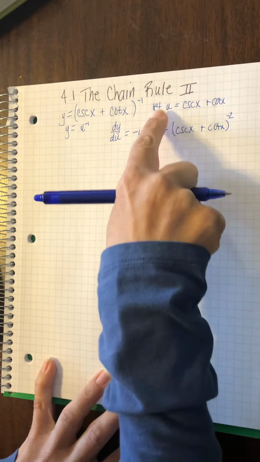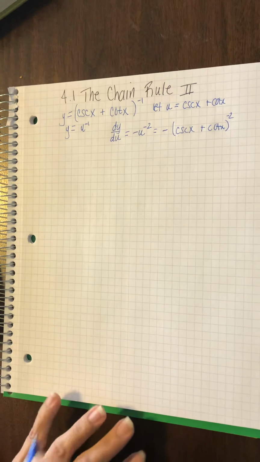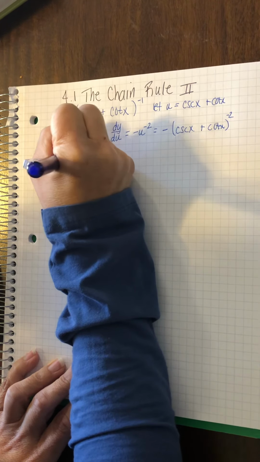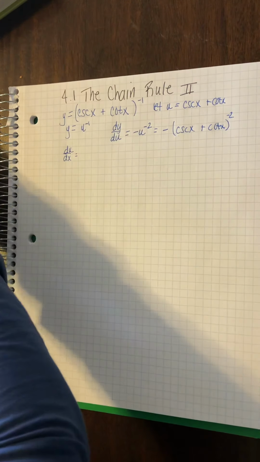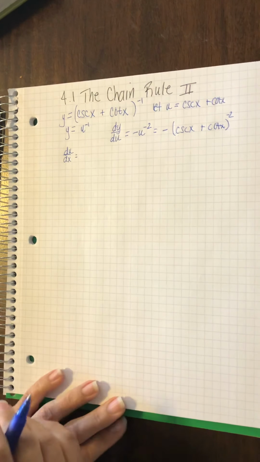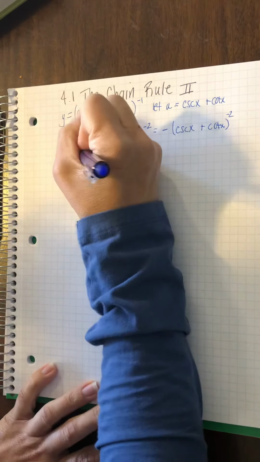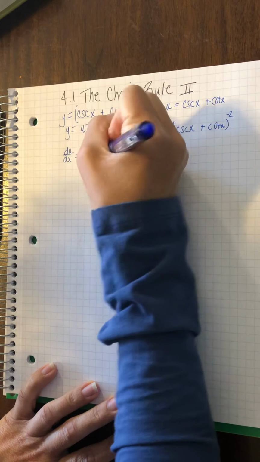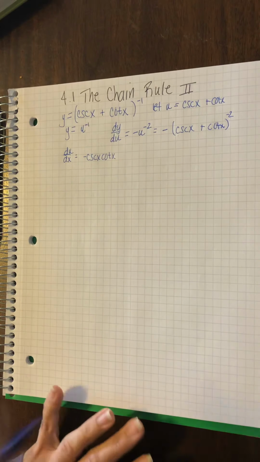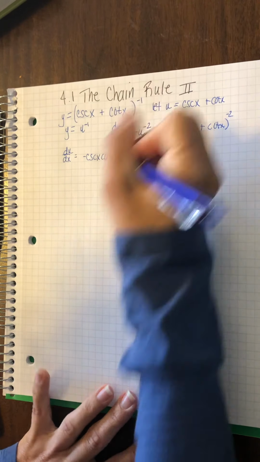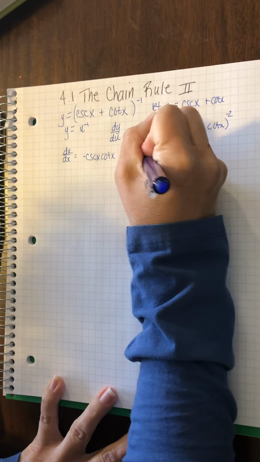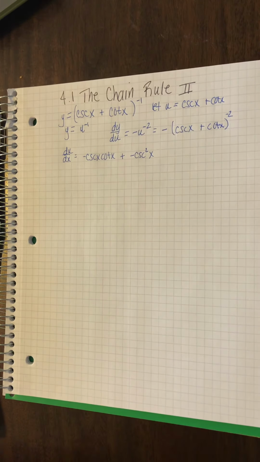Great. Du dx. So du dx is the derivative of cosecant, which is negative cosecant cotangent, plus the derivative of cotangent, and the derivative of cotangent is negative cosecant squared.